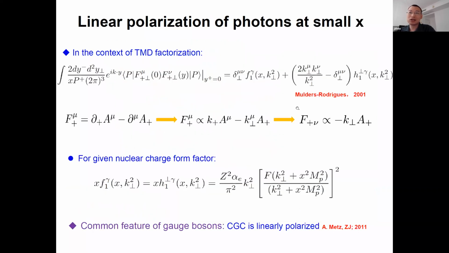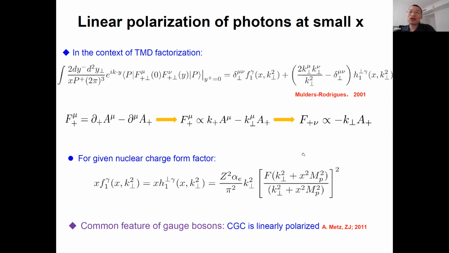So in this case, it's true for the quasi-real electromagnetic field. It should also be true for strong interaction, right? Yes, for gluons. That's why you said the CGC type is also linearly polarized. Right, also small x gluons. Okay, thank you. But if I may, it's a little bit different for CGC, right? Because saturation suppresses linear polarization. Yes.